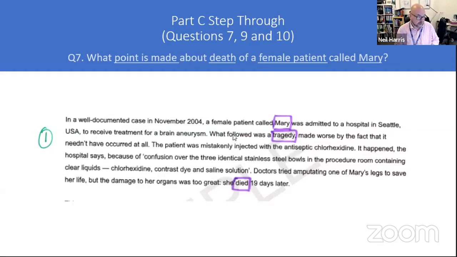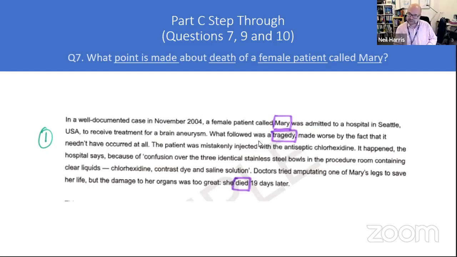Well, as we read on, what followed was a tragedy made worse by the fact that it needn't have occurred at all. You then get some details about the accident, a mistaken injection, how it happened, and what the doctors did to try to save her, but it was in vain, she died.